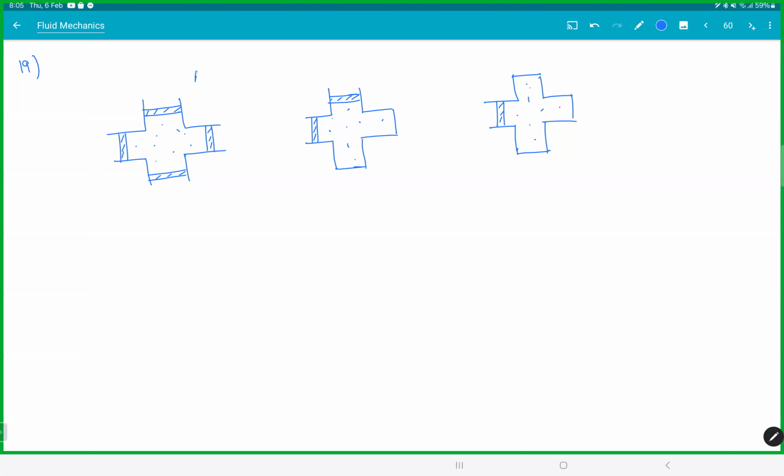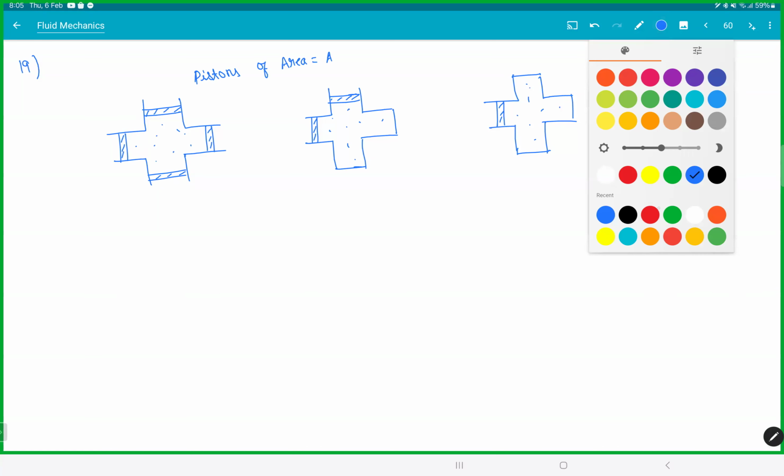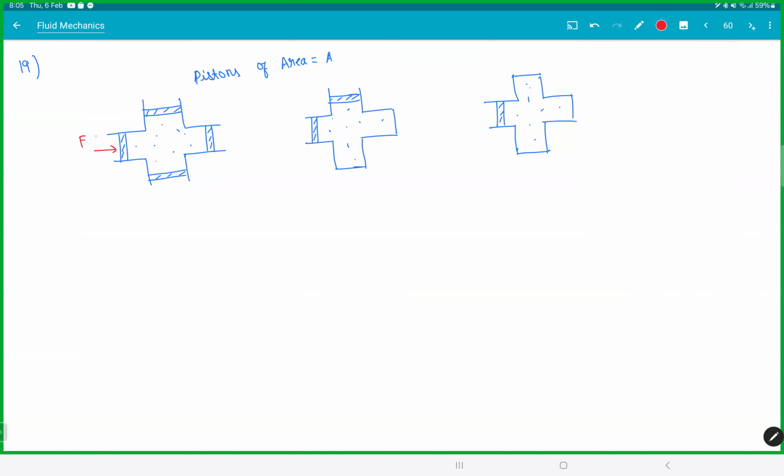All pistons have area A. Now in the first one, you're pushing with 4 forces, 4 pistons. This point is A. Second case, you're pushing with 2 forces. This is B. Here, there's only 1 piston, C. Arrange the pressure at A, B, C in ascending order. Each point has more pressure than the least one.